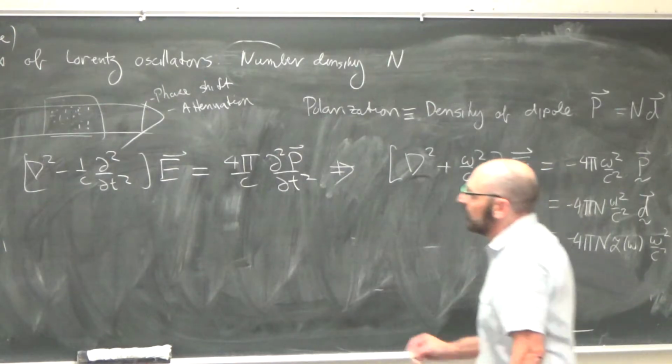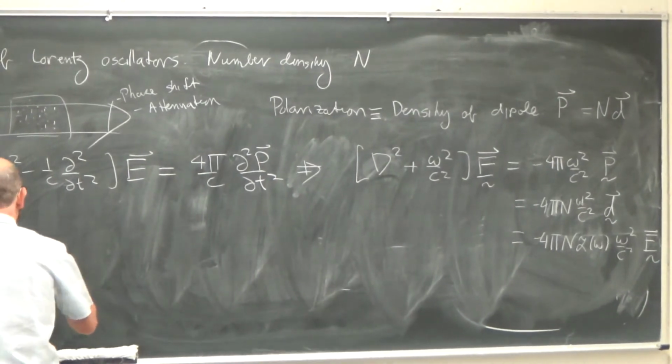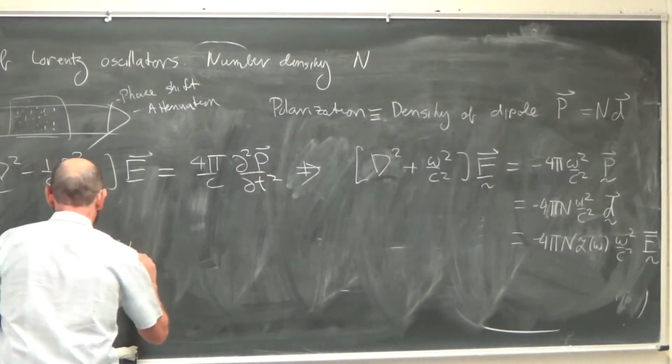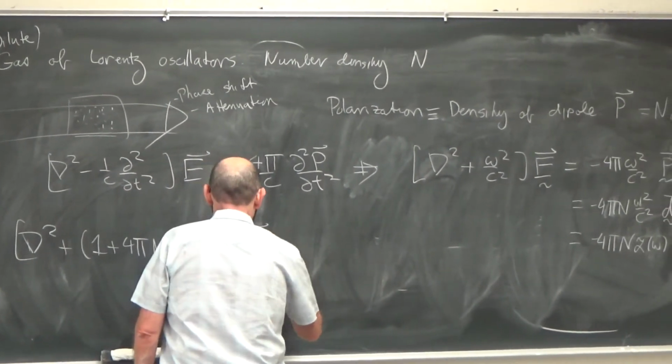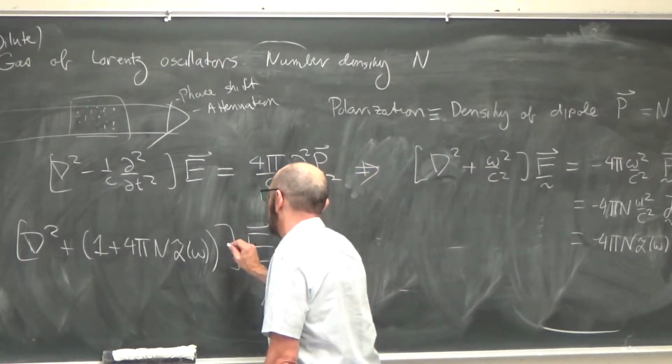And so my modified Helmholtz equation is 1 plus 4 pi n alpha tilde, E tilde is 0, times omega squared over c squared.